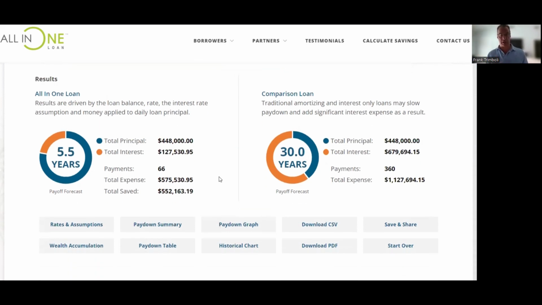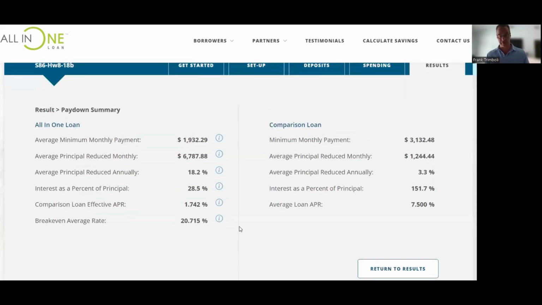Now we're going to go down to the pay down summary. You can click on any of these boxes. On the right-hand side, it's showing your traditional mortgage. On the left-hand side, it's showing your All-in-One, which you're paying off in 5.5 years. I'll only look at two pieces since this is just to go through the calculator.